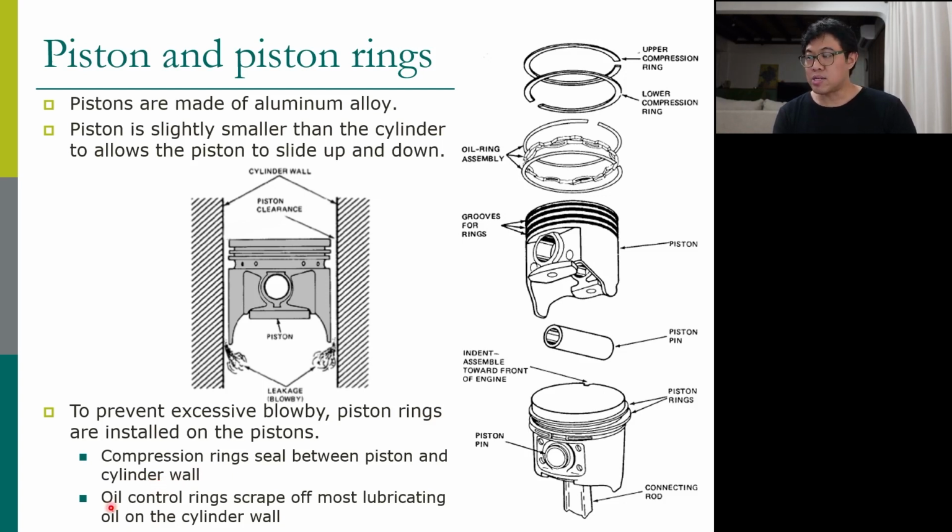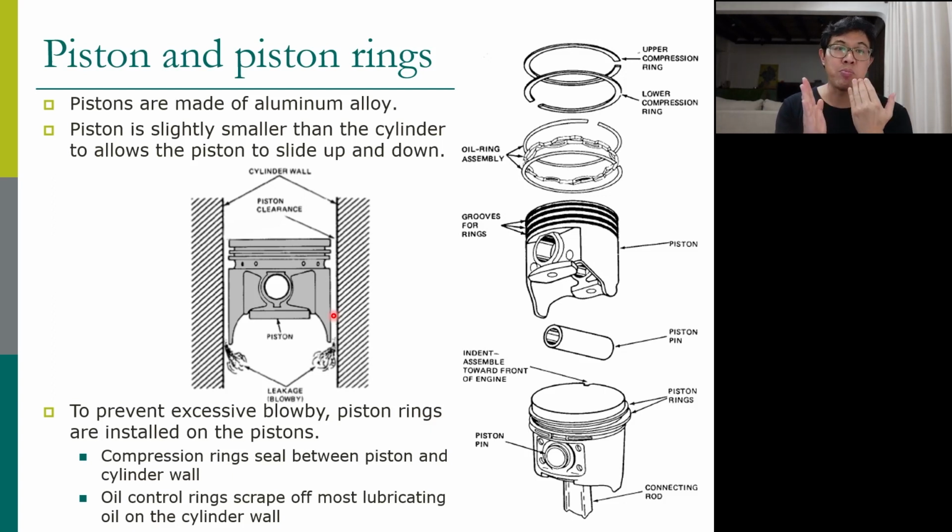The other one is the oil control ring. Basically it scrapes off the lubricating oil on the cylinder wall. Which means that there is lubricating oil on the cylinder wall. Of course, the piston moves up and down in the cylinder, and there would be metal-to-metal contact, so we want to prevent that.